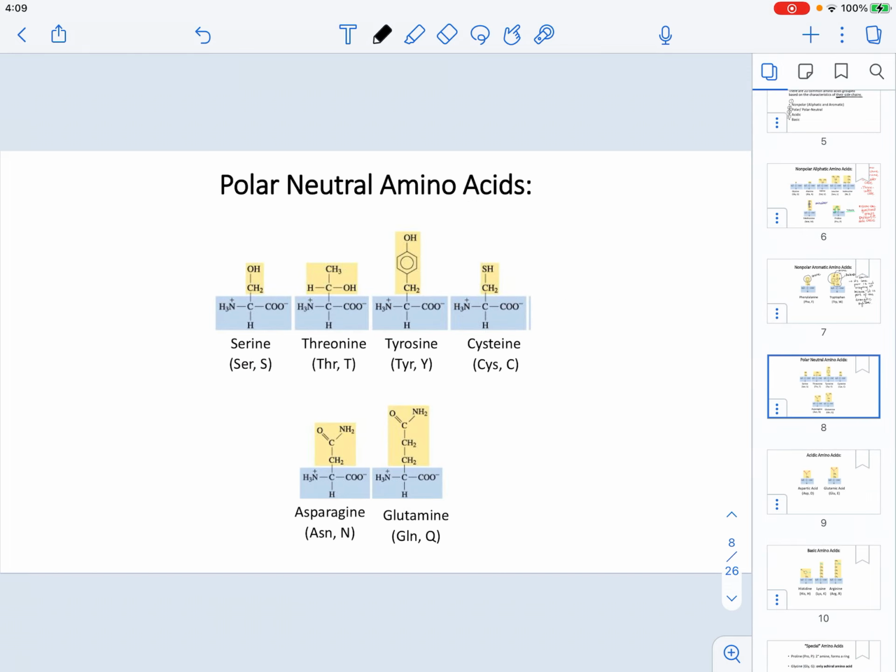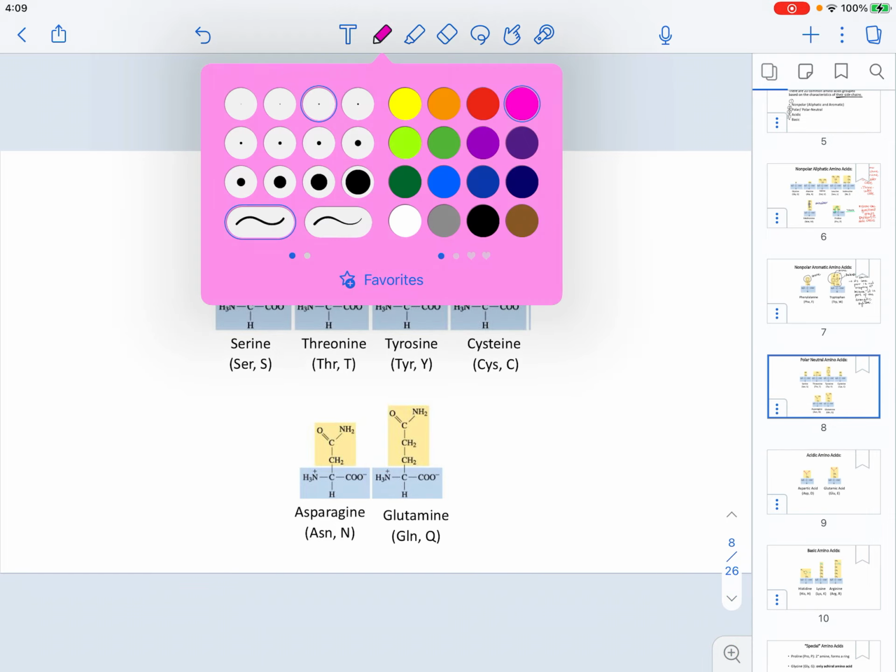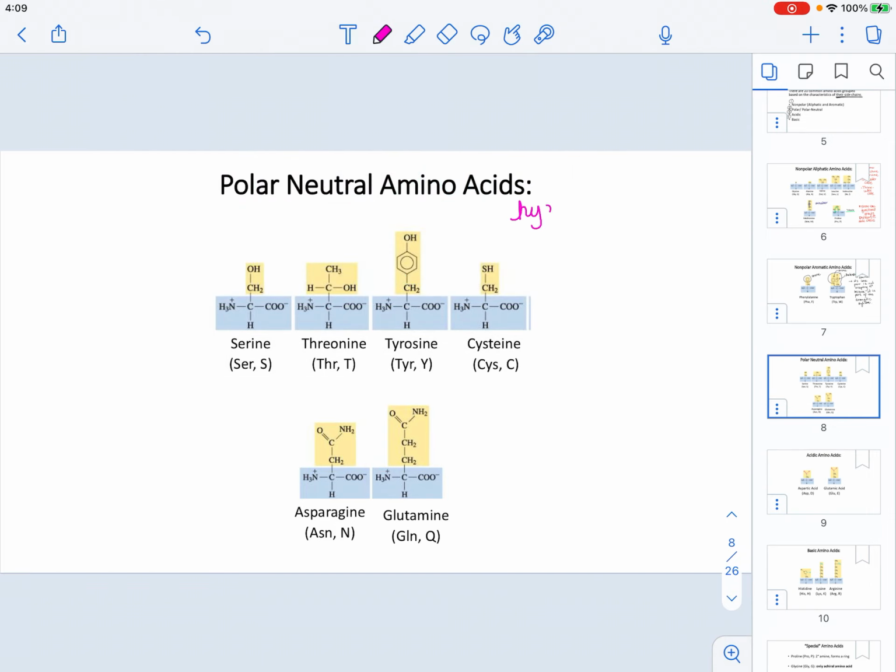The next group of amino acids that we have are the polar, or in other words, the polar neutral amino acids. And as you can see here, we specifically have at least 3 amino acids that contain a hydroxyl group. Serine, threonine, and tyrosine contain a hydroxyl group.